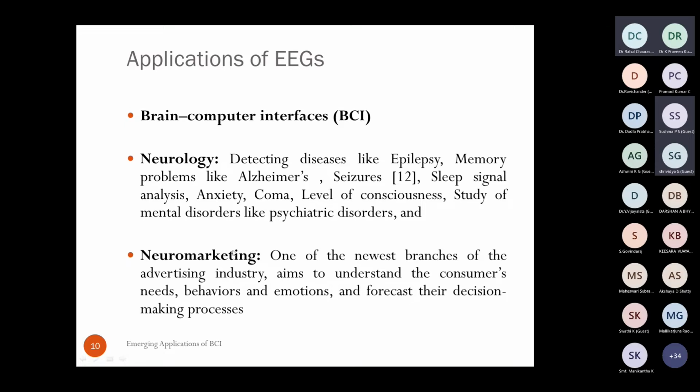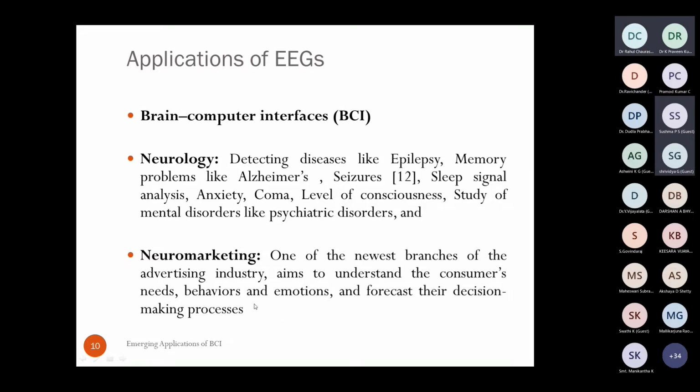For example, Amazon. One of the newest branches of the advertisement industry aims to understand the consumer's need, behavior, and emotions and forecast their decision-making process. Suppose you are going to the Amazon website. They have millions of products to sell, but on your screen they show only a few of the products.